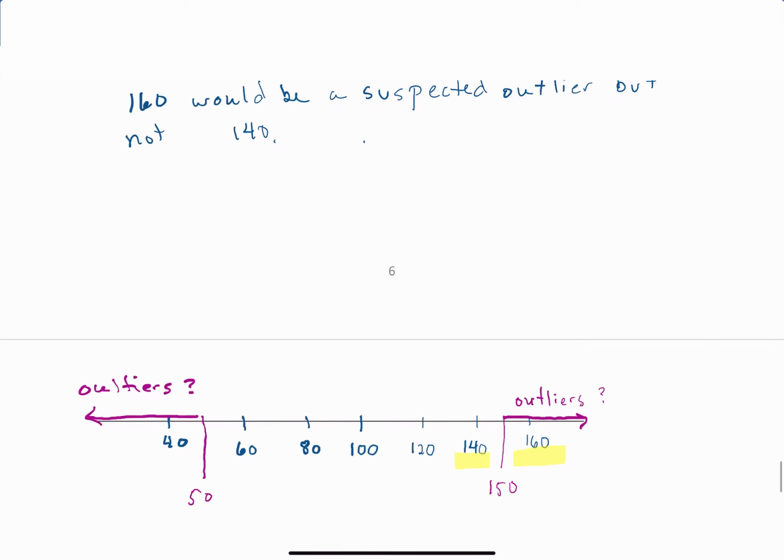I'm a little worried you might be wondering where I got those numbers 50 and 150 from. I was counting off standard deviations. You could compute that directly. So to be not below 2.5 standard deviations of your mean, in this case would be 100 minus 2.5 times the standard deviation 20.